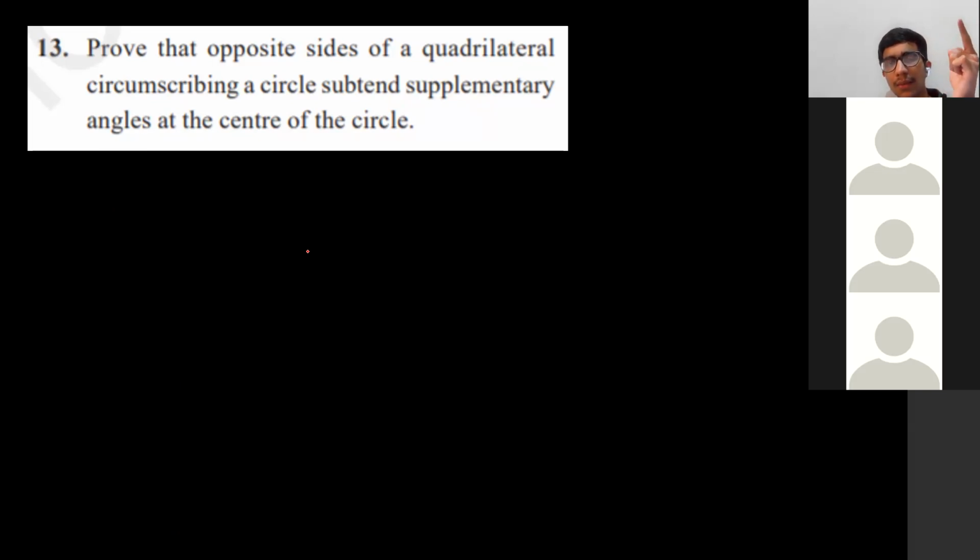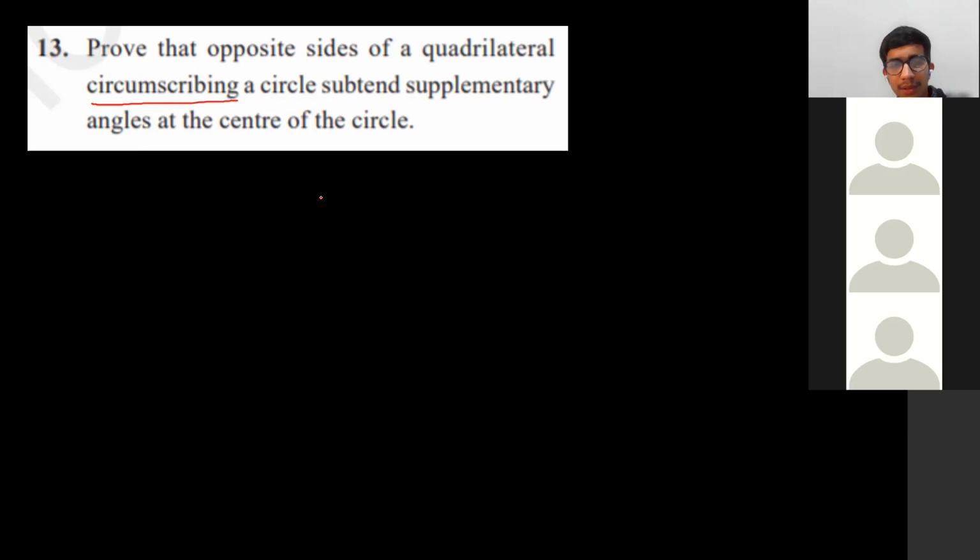So tell me, is the quadrilateral inside the circle or outside the circle? It's written circumscribing. So circumscribe means that the quadrilateral is outside the circle. When it is inscribed, it means that the quadrilateral is inside the circle.